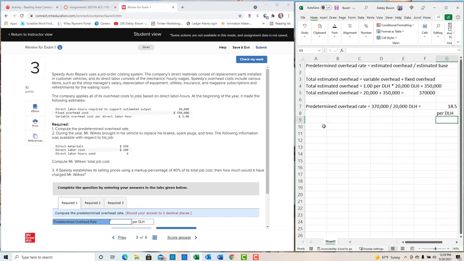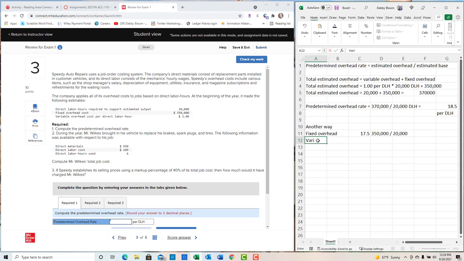Now, mathematically, you could have also figured it out this way. The fixed overhead per unit is 350,000 divided by 20,000. So I have a rate of $17.50.